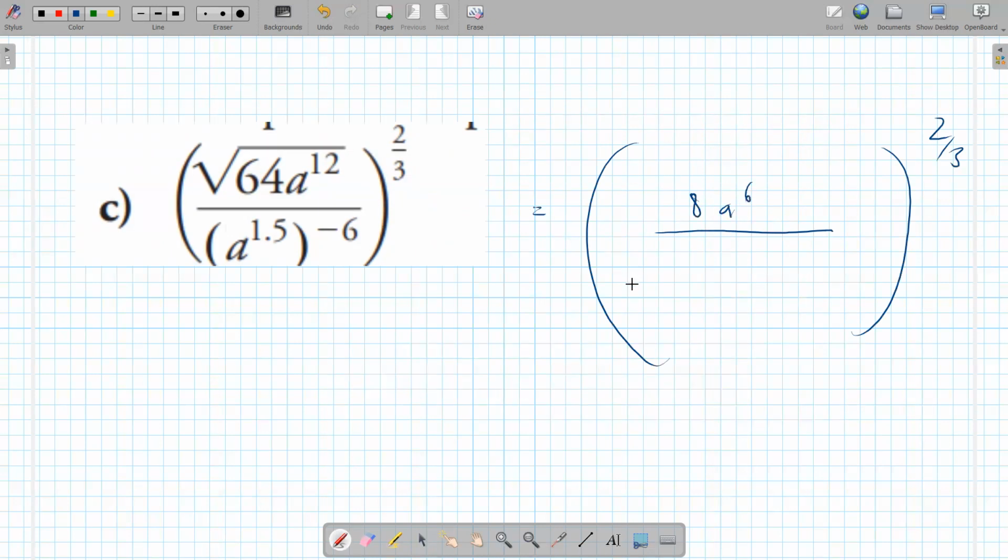On the bottom, what's 1.5 times -6? -9. We bring that up here, becomes a +9, right? Becomes a^15. Now what? We have 8a^15 to the power of 2/3.